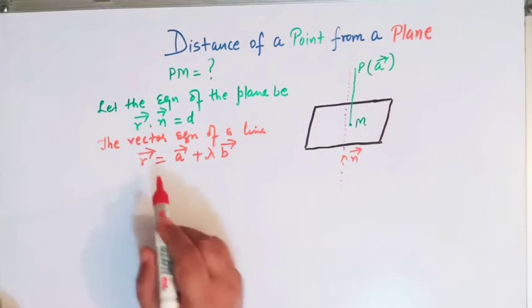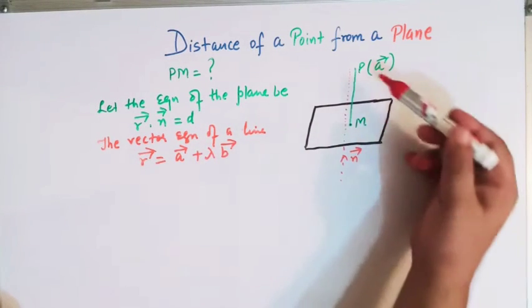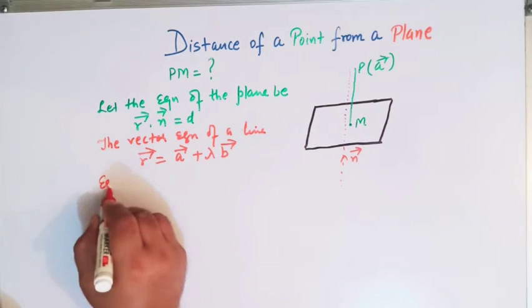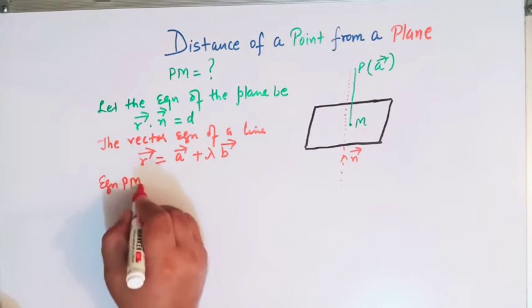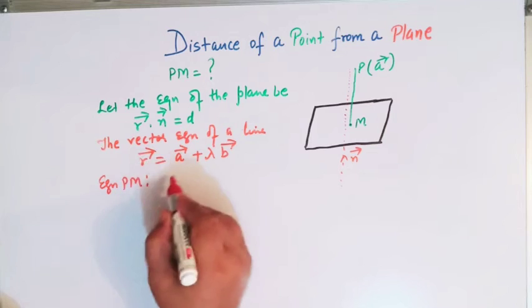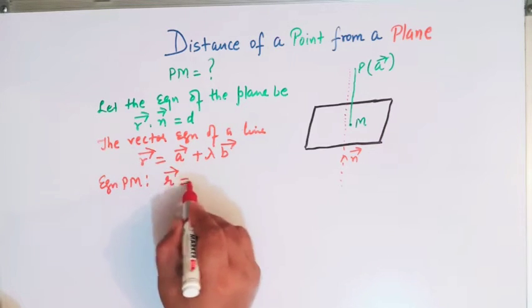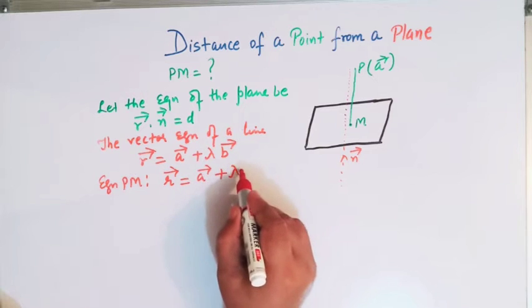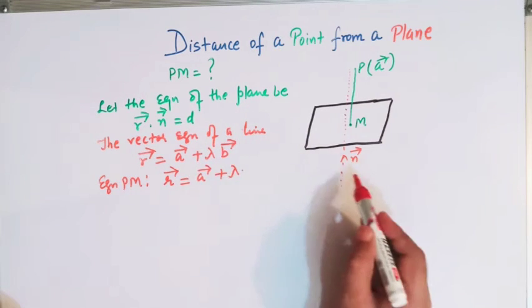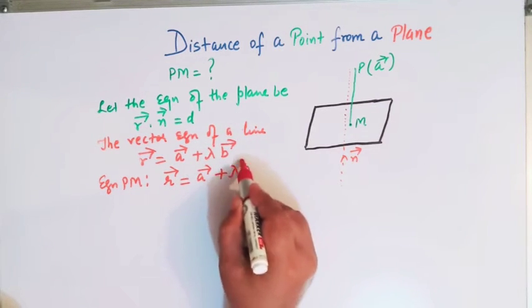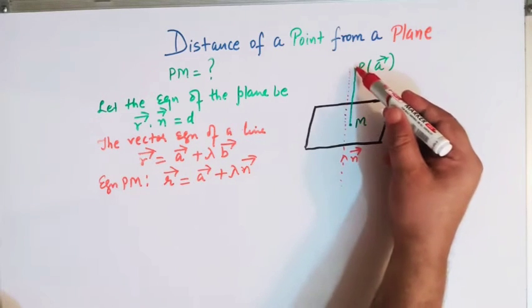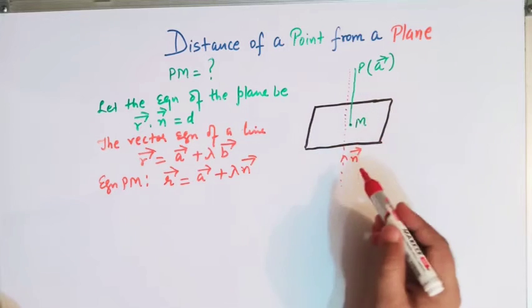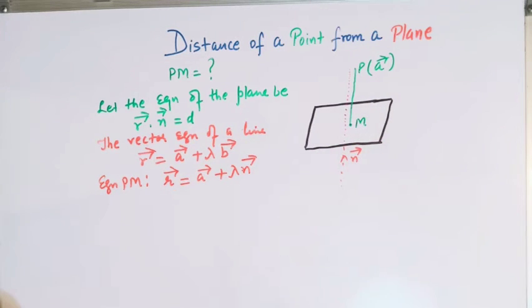Clear? So here we have to write the equation of PM, and so we can write vector r is equal to vector A plus lambda times vector n, because this perpendicular PM is parallel to this normal vector n.